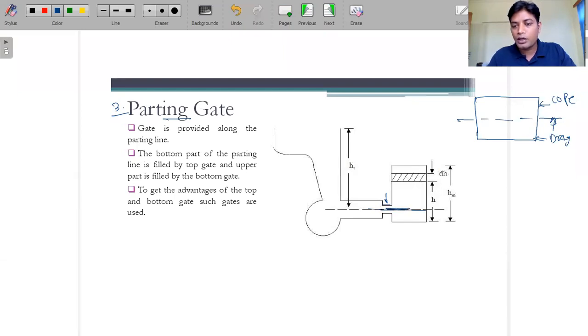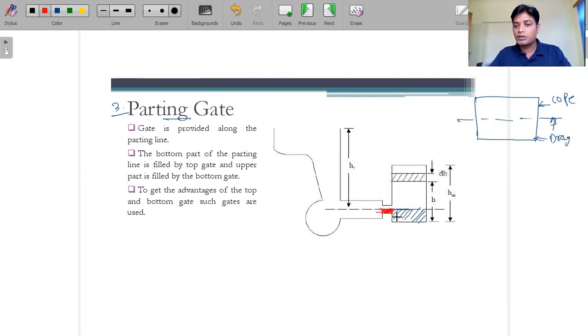So the mold cavity material which is below this height, this much amount of the material, can be filled by this cross-sectional area, only the red one, please consider.